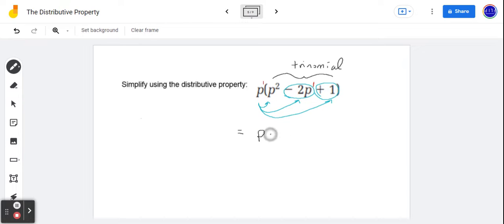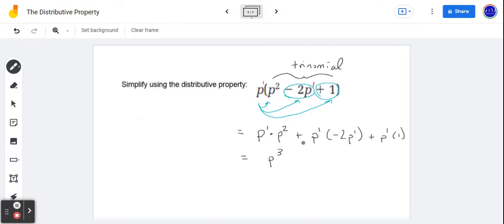So it would be p, that's p to the 1, multiplied by p squared. And then we're going to be adding on p to the 1 multiplied by negative 2p. Of course, that's p to the 1 as well. And then we'll add on p to the 1 multiplied by 1. So this partial product here ends up being p cubed using the multiplication rule for exponents that have the same bases.